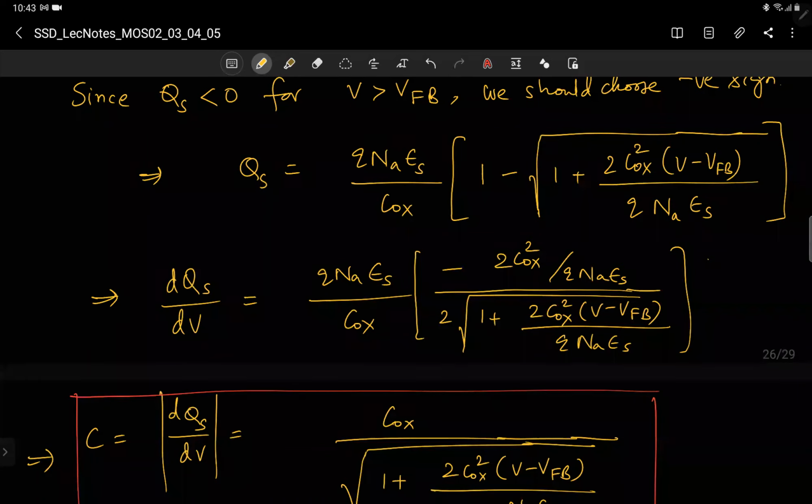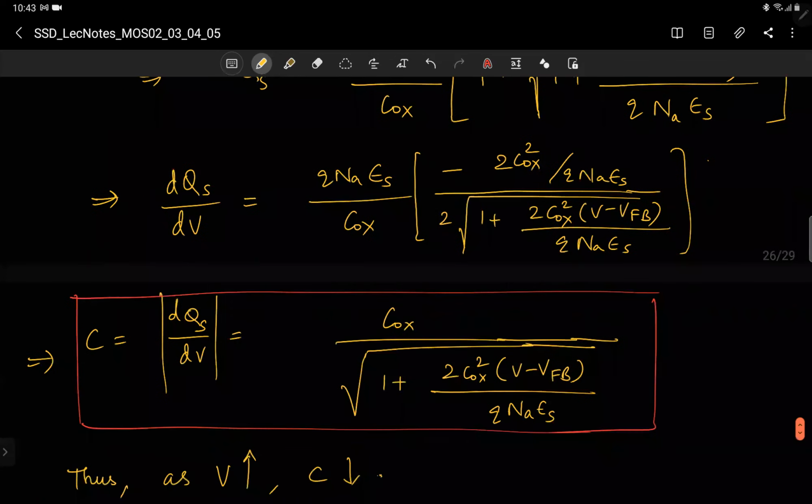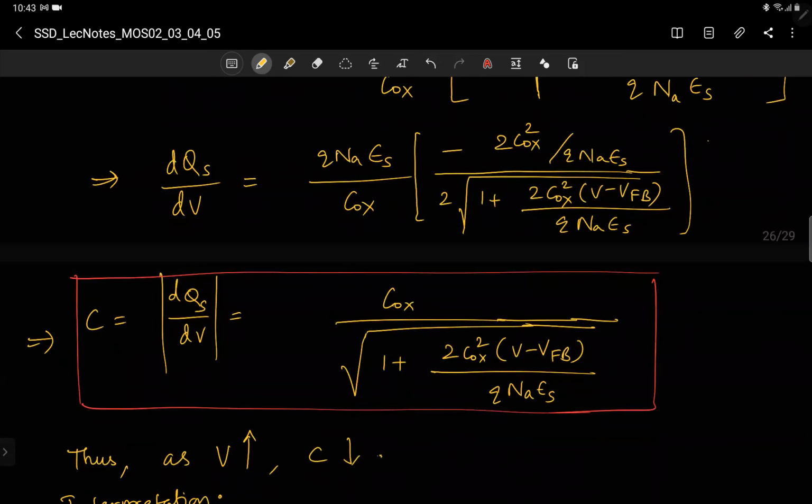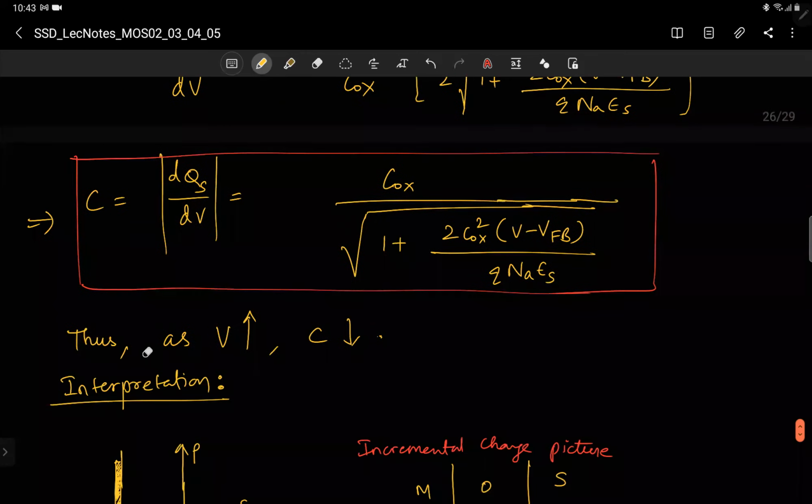So you simplify it further. Call it C equal to modulus of this, and you have cox by this. And you see that as V increases, C decreases. V increases means the denominator increases, and the denominator increases means overall the quantity decreases. So that's what we see.